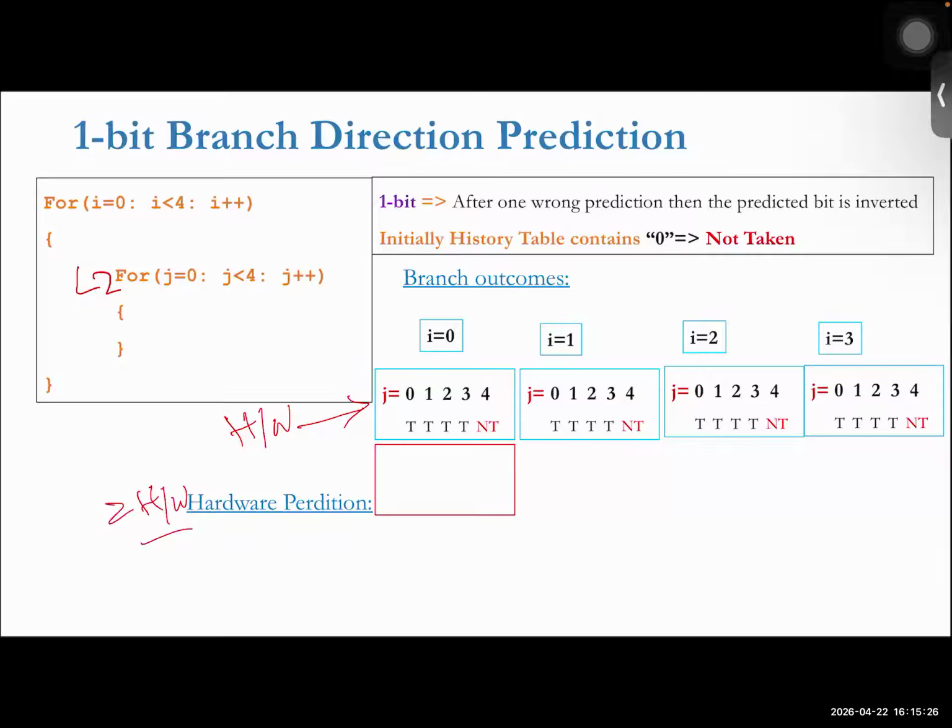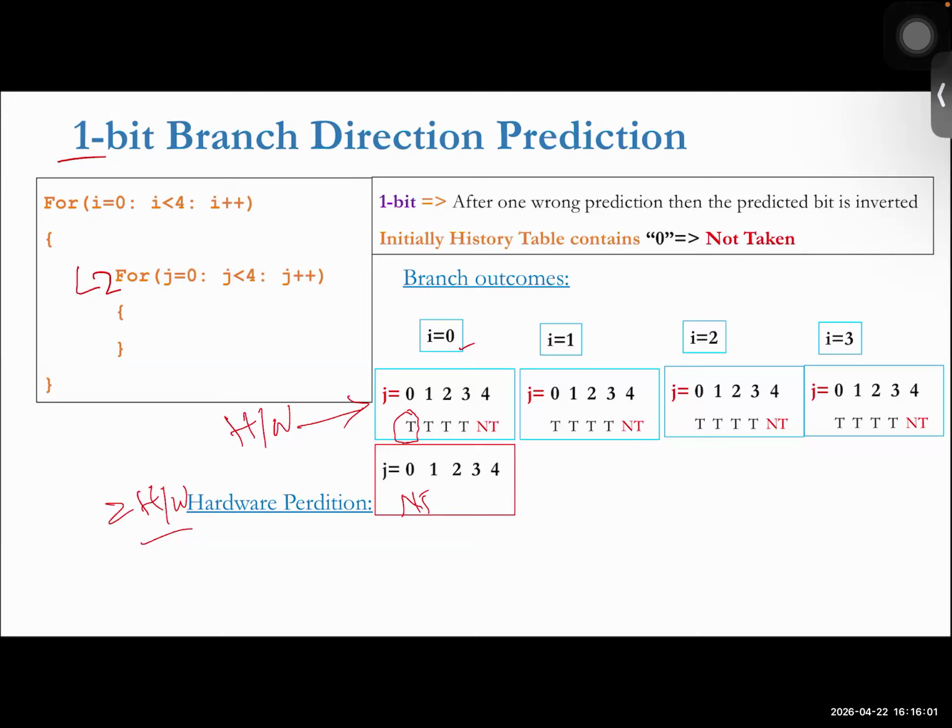At i equal to 0, for j equal to 0, the one bit saturating counter predicts that the branch will not be taken. It is the assumption, but actually the branch is taken. So when there is one wrong prediction compared to the actual outcome, the bit 0 turns into 1.